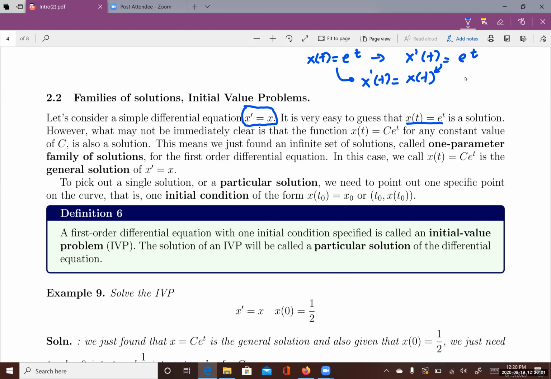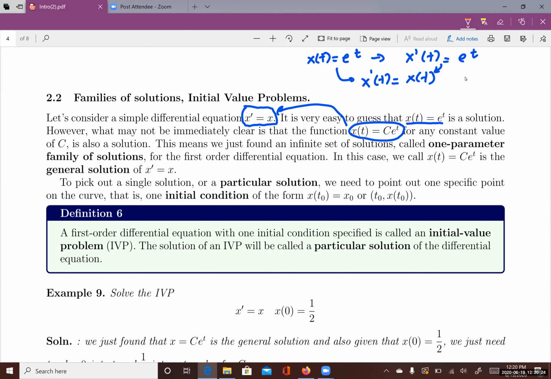Okay. Well, this is easy to see, but it's not obvious that if you multiply e to the t by a constant c, where c is any constant value, then this function is also a solution to this differential equation.